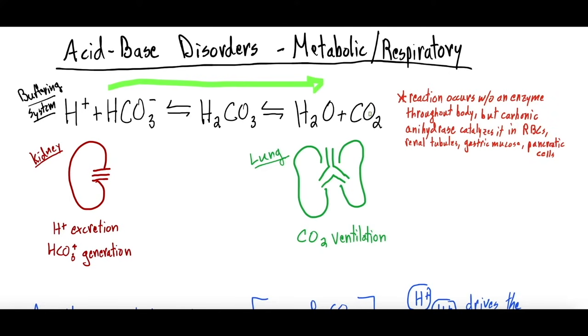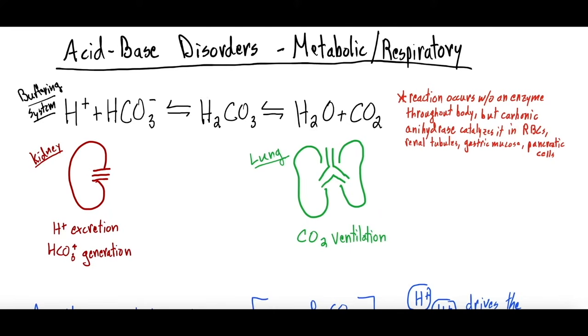Same thing when there's not enough hydrogen ions and you're at risk for alkalemia because it's too basic: the reaction can go this way, and the body will take carbon dioxide and water and form more hydrogen ions to again maintain the blood pH at normal, so that the body is not acidemic or alkalemic.